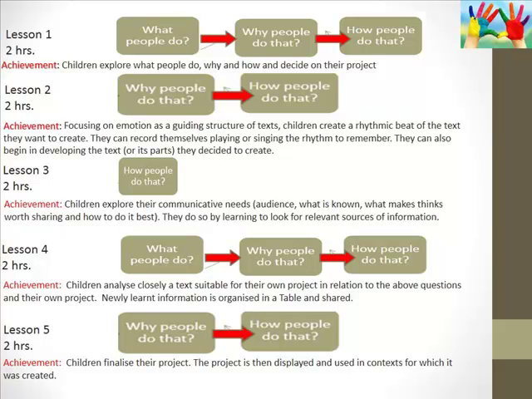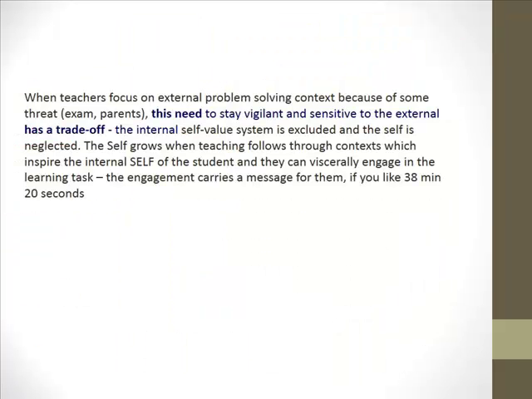Now you can see achievement is everywhere. I want you to know what you want at the end. So the children have to feel good. Why do they feel good? We've done so much, and now we know what we do next.